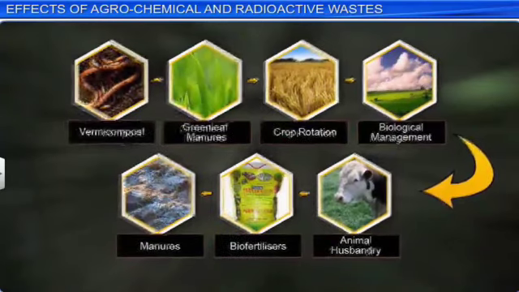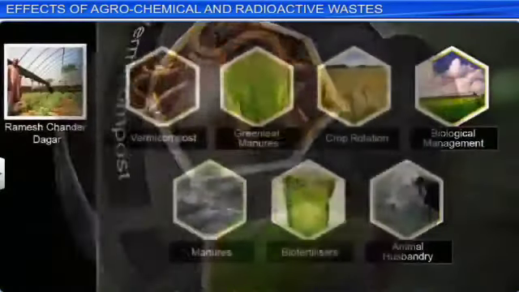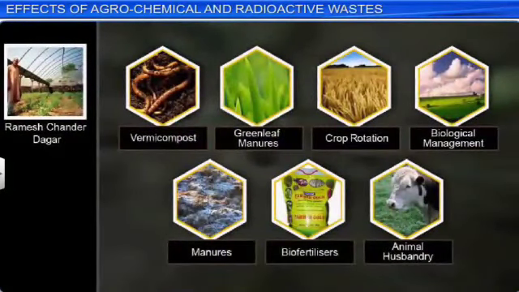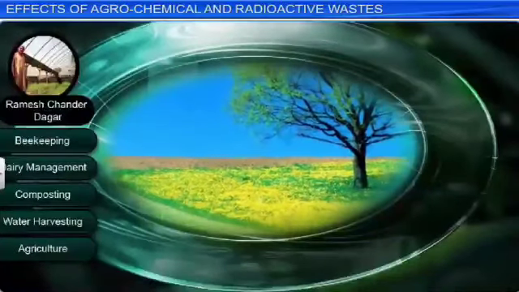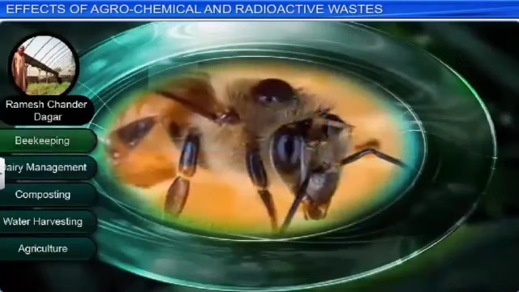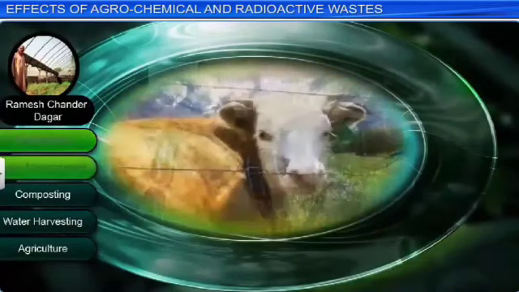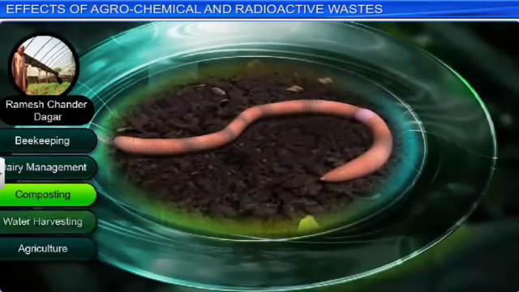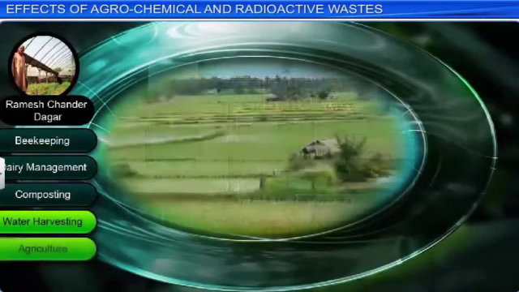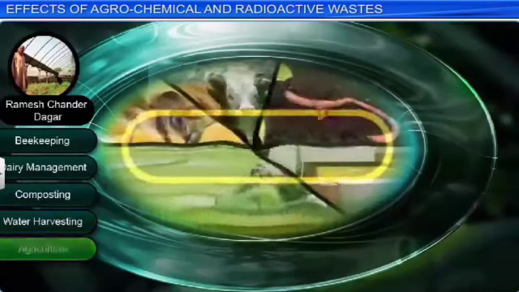One such farmer is Ramesh Chandar Dagar from Sonipat. He has implemented environment-friendly activities like beekeeping, dairy management, composting, water harvesting, and agriculture, which function as a chain of processes.